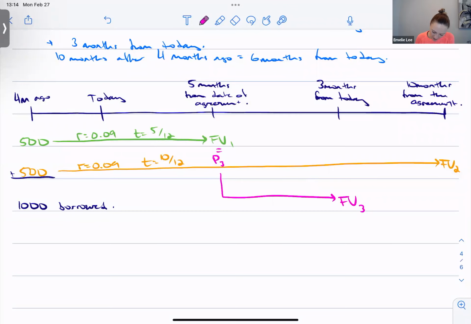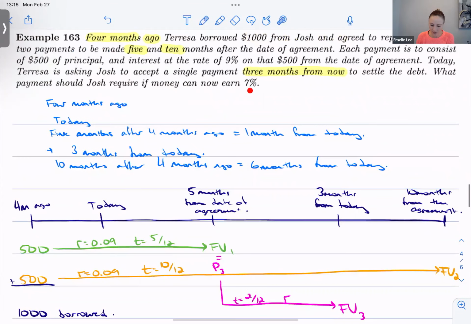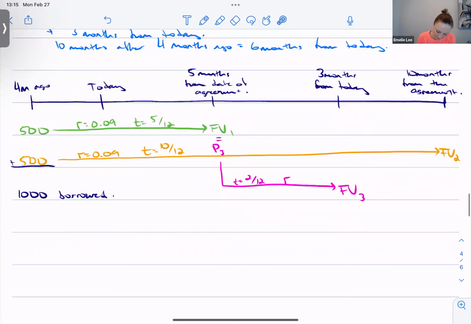The amount of time between 5 months from the date of the agreement and 3 months from today is 1 month from today and 3 months from today. So time is 2/12. And now notice that the rate is now 7%, so I need to change that.